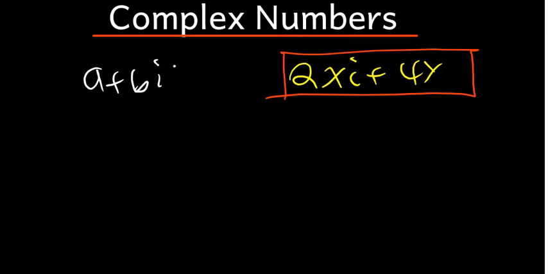What if we have something different? Let's say we have 2 + 5i. The real part and the imaginary part. What is our real part? Okay, are we following?